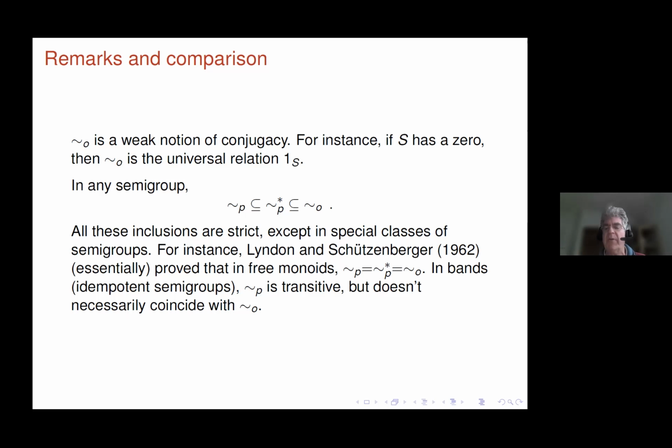Rather, they just proved something that said that if it holds, then the other one, tilde P, which they were thinking of as conjugacy, also holds. As another case I can mention, in bands, which are idempotent semigroups, tilde P is transitive. So tilde P and tilde P star coincide, but they don't necessarily coincide with autoconjugacy. So anyway, this is how these things are generally nested.